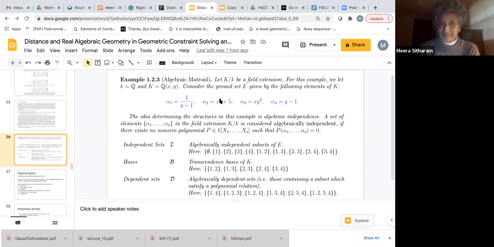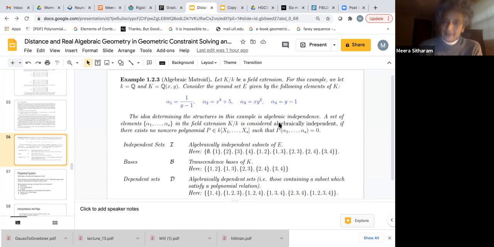Now we can think of the dependent and independent subsets. A set is algebraically independent if there is no non-zero polynomial P such that P of alpha 1, alpha 2, and so on, some polynomial of these polynomials, is identically zero. If that happens, then these are said to be algebraically dependent.